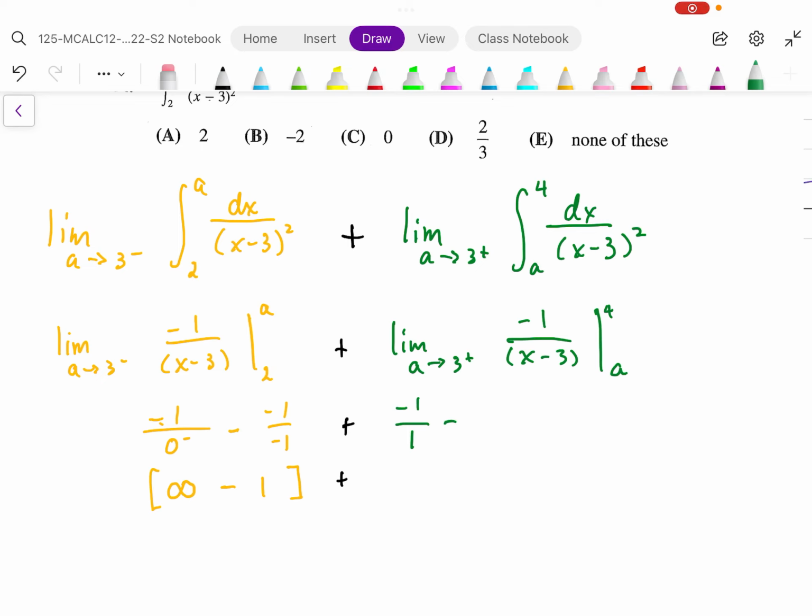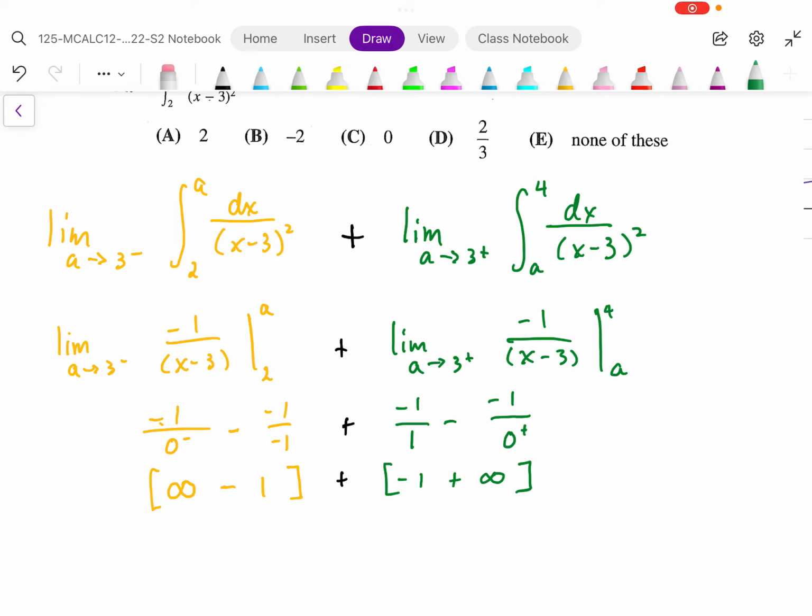Minus, I have negative 1. This time I'm approaching 3 from the positive side. So I'm going to end up with 0 from the positive side. And that's going to be positive infinity. So I'm going to end up with negative 1 minus a negative, which is positive, and then positive infinity. So it's going to look like that.